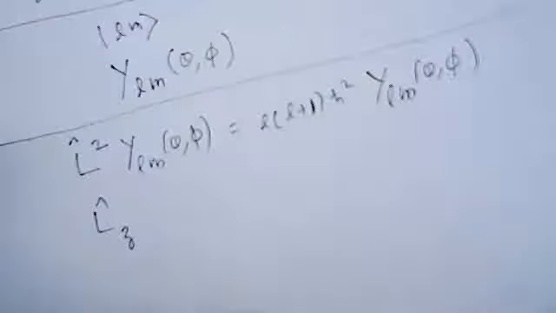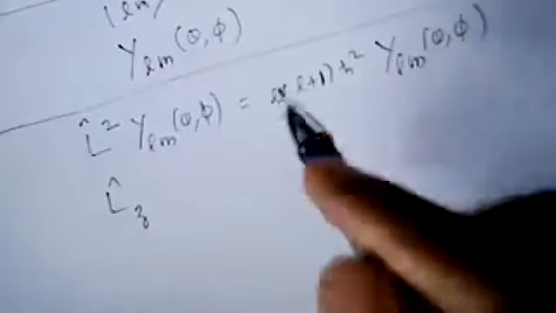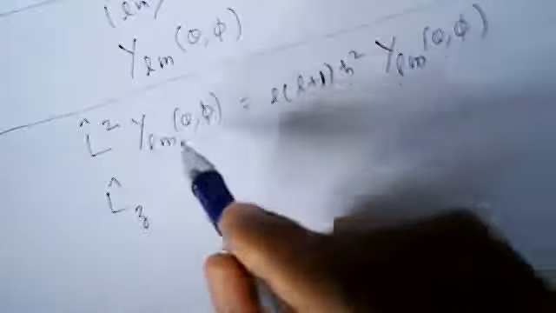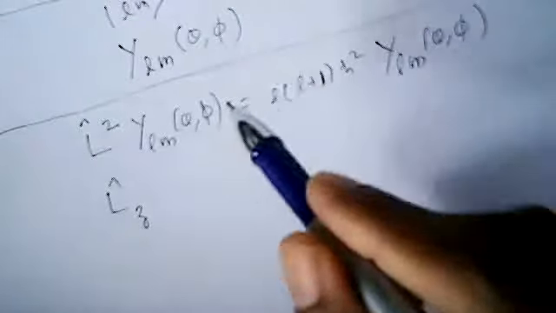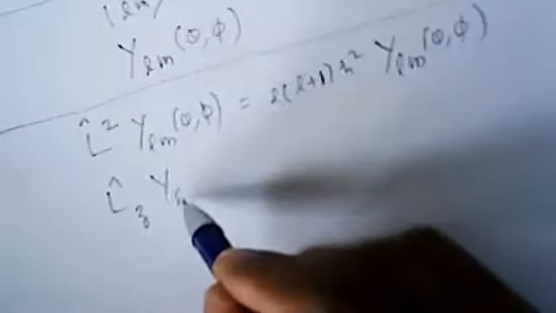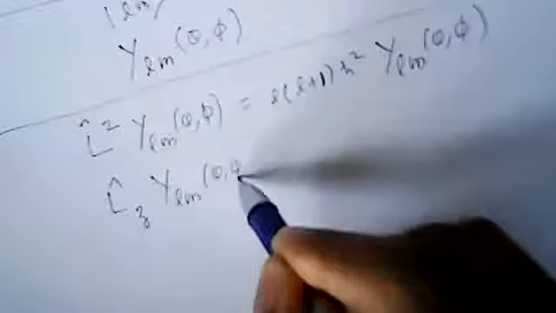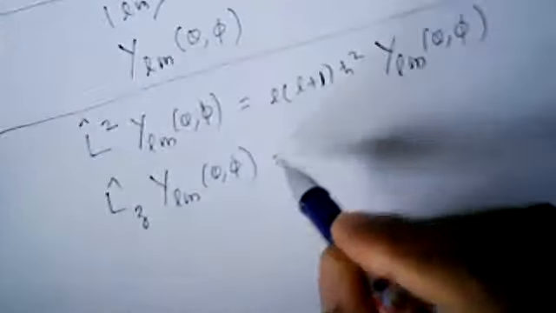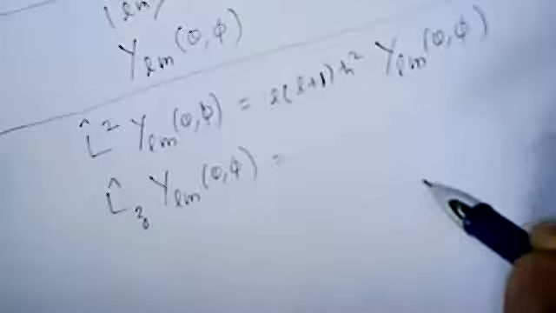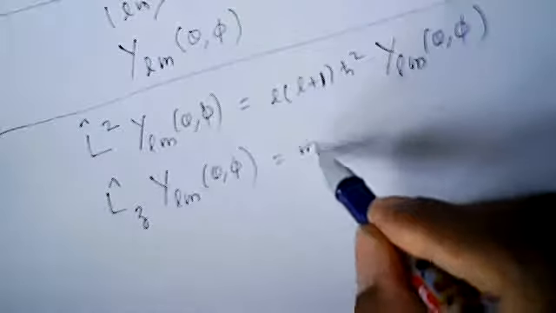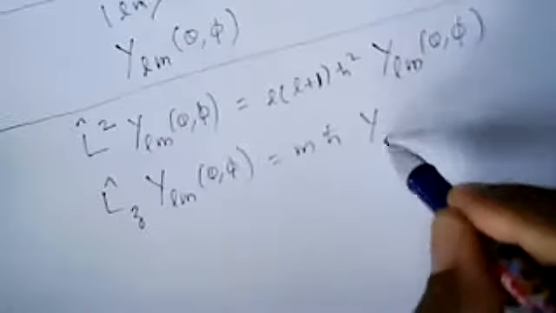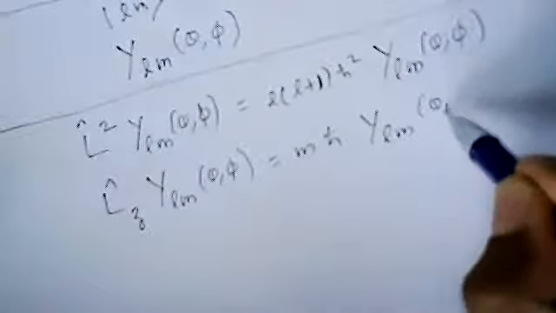Similarly, the eigenvalue equation of LZ: because Y_lm theta phi is a common eigenstate, LZ acting on Y_lm theta phi gives the eigenvalue m h cross times Y_lm theta phi.